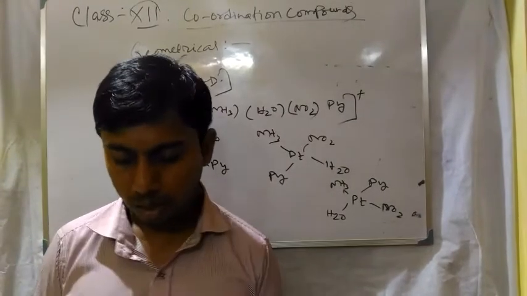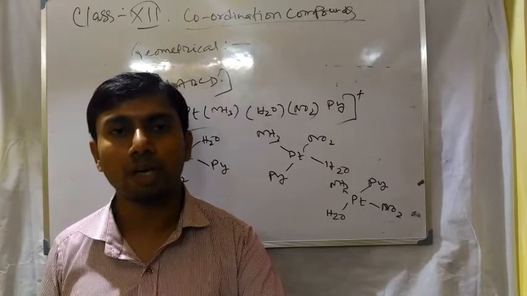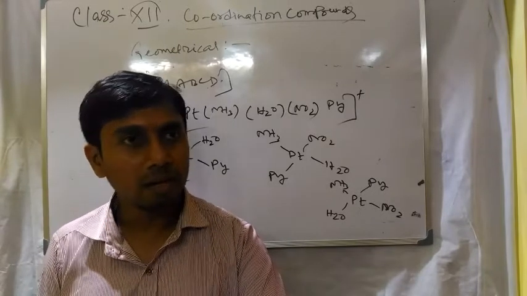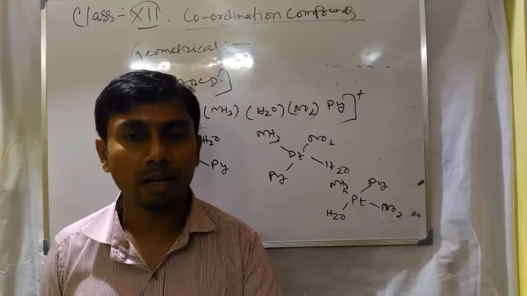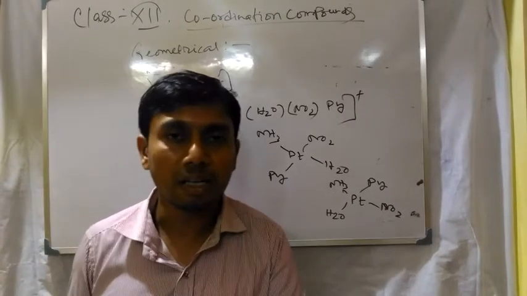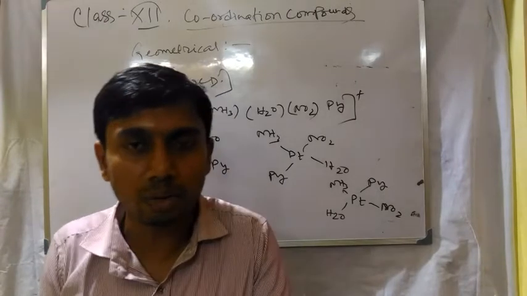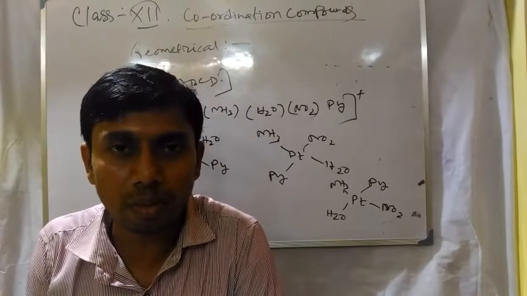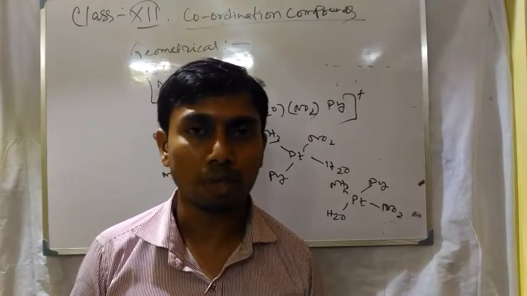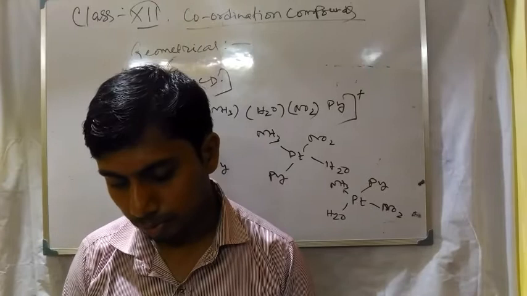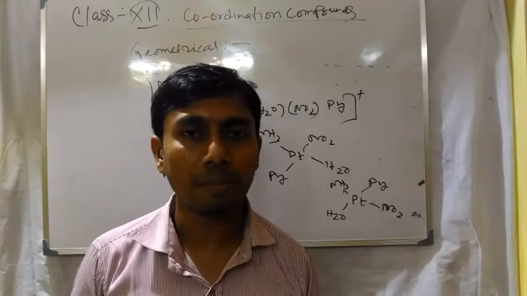So what we have seen up to now is that geometrical isomers come with coordination number 4, and we know that with 4 coordination number, the possible geometries are square planar and tetrahedral. But in a tetrahedral complex, as all the positions are equivalent, no geometrical isomers will be possible. But in the case of square planar complexes, the examples are A2B2, A2BC, M(AB) whole twice, or MABCD type.